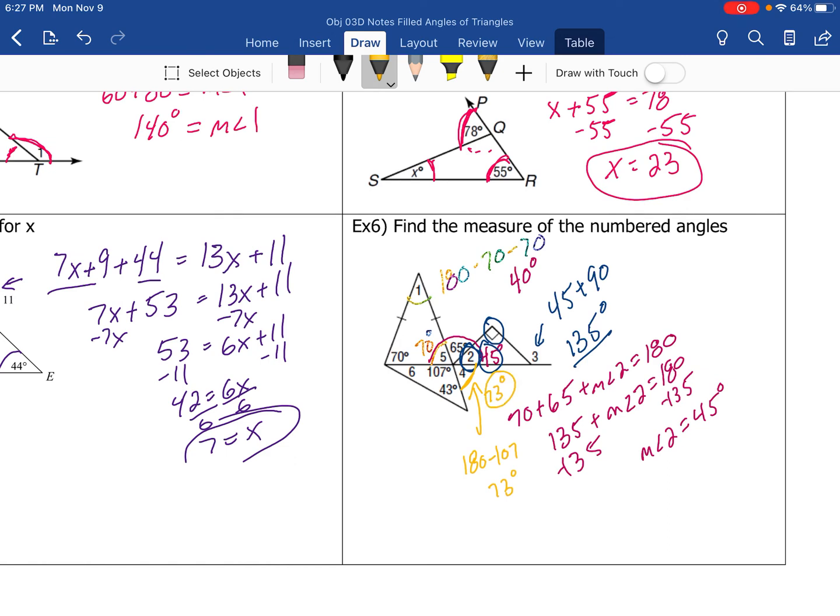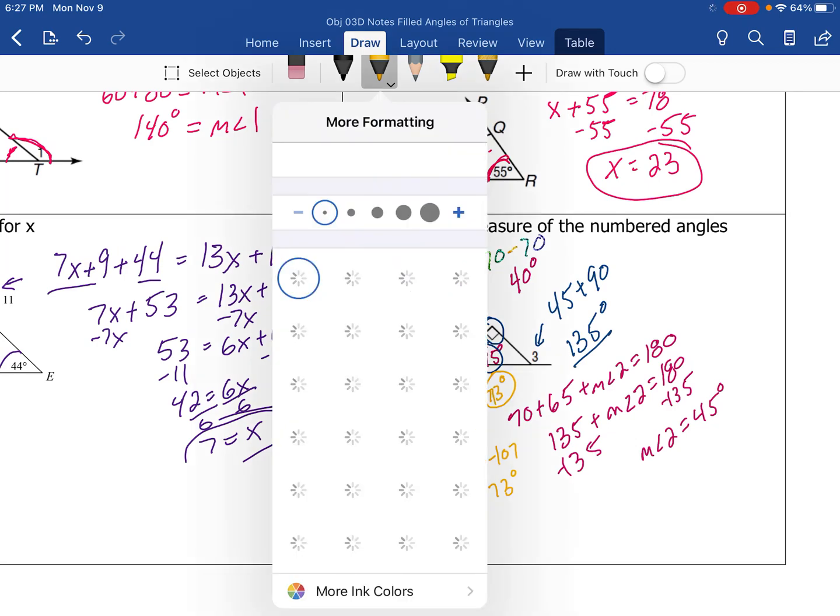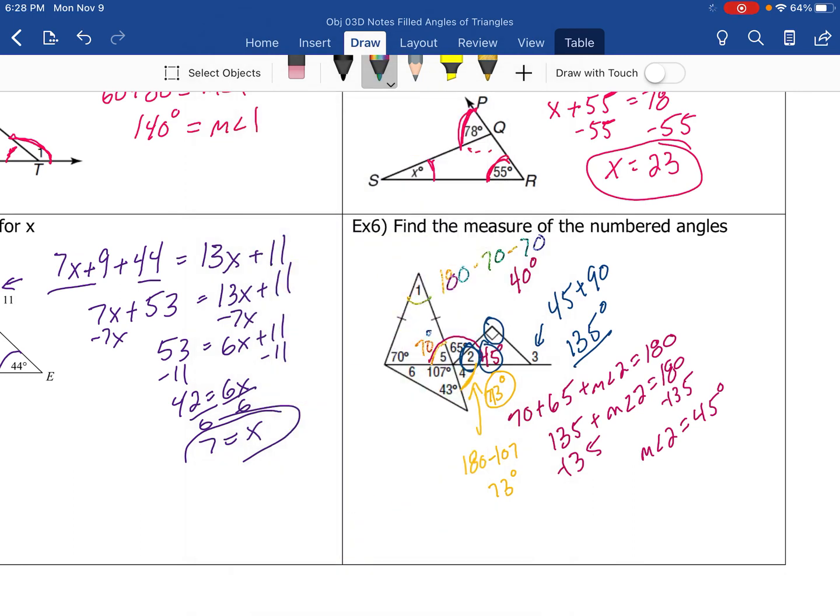And I'll write all of this out. And so I know that's 73 degrees. There are a couple things I can do. I can tell you that angle 6 has to be 30 degrees. I can tell you the two ways. So one of the ways I know is because the angle 6 plus my 43 is equal to the 73, because that's my exterior angle. And what number plus 43 is equal to 73? That's 30 degrees.